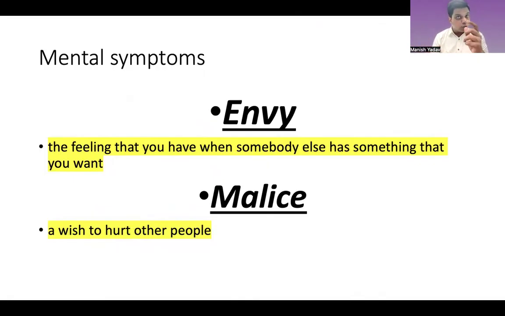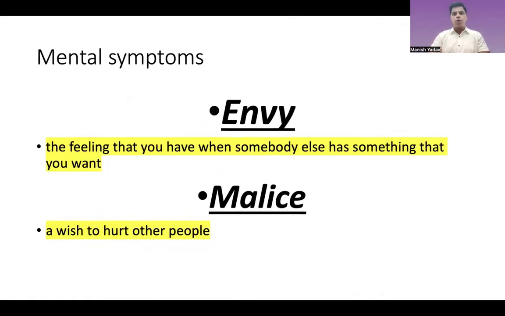So they can be very cruel. They feel good when people are hurt. Suppose they have some jealousy with their brother or sister, they will internally feel very good if others are hurt. So, cruelty. Now understand the mental symptoms: along with memory weakness, envy and malice, jealousy and malice, they are happy when they see others hurt.